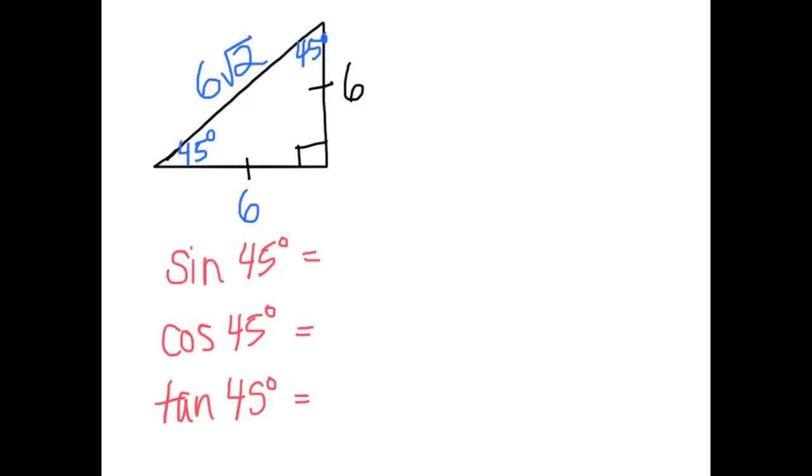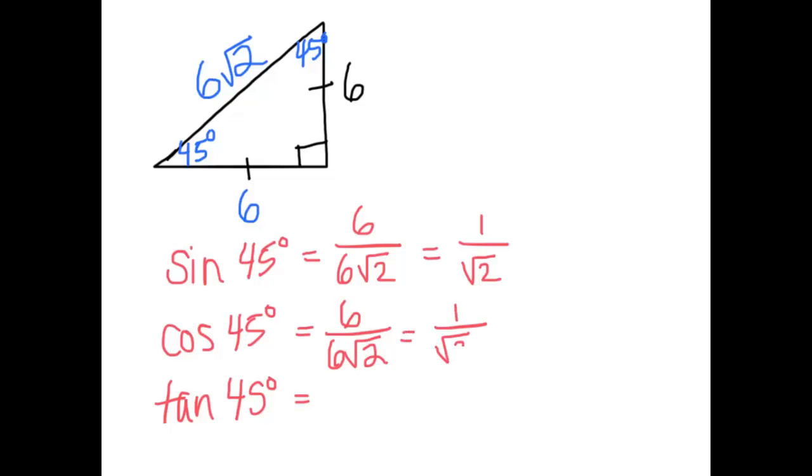There's no point in just saying sine of theta when I know that in this case it's actually 45 degrees. Sine of 45 degrees, well, opposite over hypotenuse, 6 over 6√2. I could reduce that fraction, cancel out those 6's, and call that 1/√2. Cosine of 45 is adjacent over hypotenuse, also 1/√2 once we reduce.